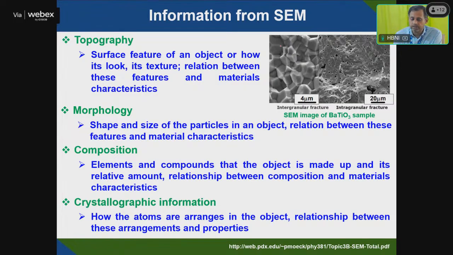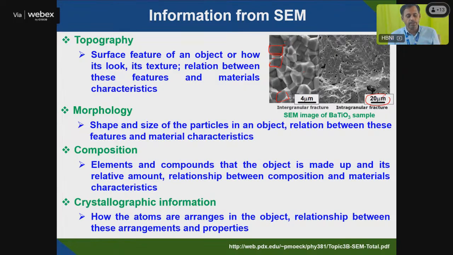You can see here a barium titanate sample, with a 20 micron scale and a 4 micron scale. At 20 microns you see just a smooth surface, but at the 4 micron scale you can see the hexagonal-type barium titanate grains clearly visible.